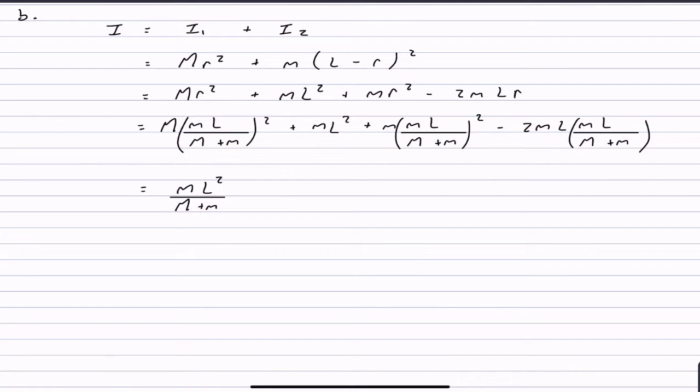If we say that this is common to everything, then all we have to really do is a little bit more algebra to keep it simple.